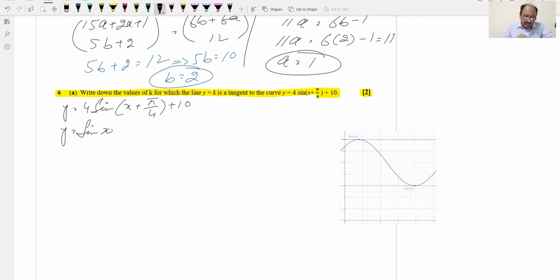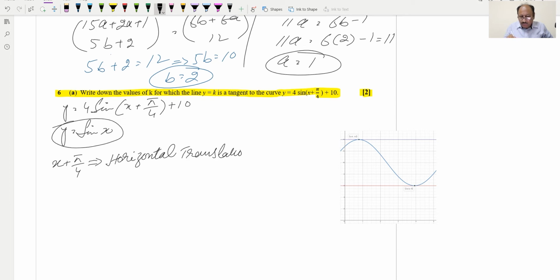So this is the standard graph, we are transforming the standard graph, and x plus pi by 4 is representing horizontal translation by pi by 4. So this will be horizontal translation.